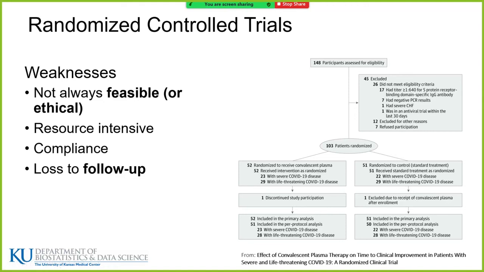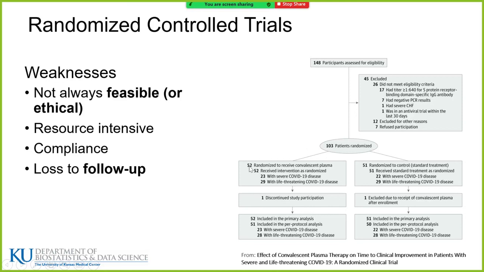Or was there a lack of compliance? If you see a lack of compliance, you know that there's a risk of bias in the study findings. You also want to see the degree of missing data in the study. In other words, we randomized 103 patients, 52 to receive plasma, 51 to the standard treatment.